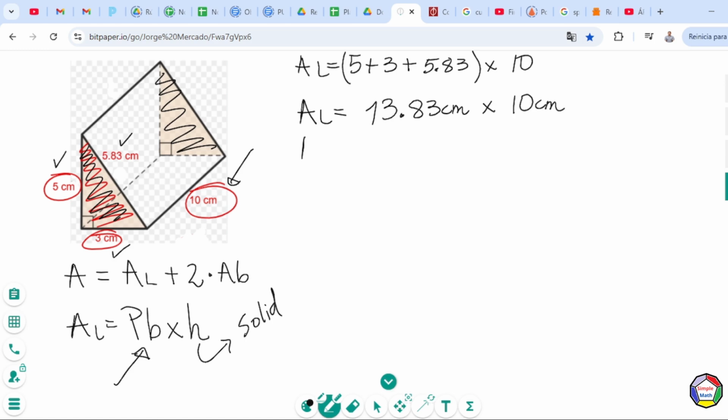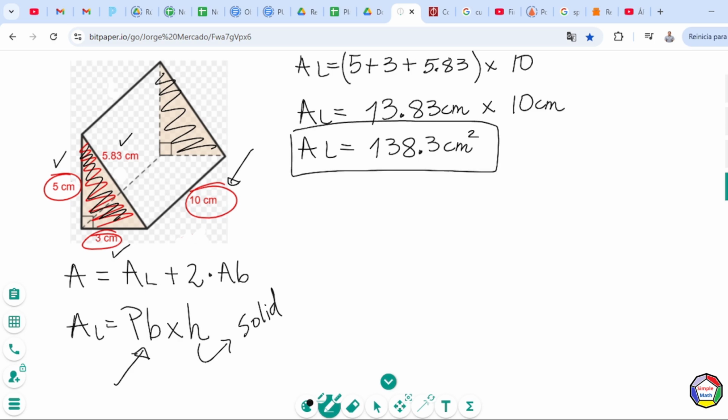That's going to be equal to 138.3 centimeters squared. That is the lateral area. So we have this part of the formula. What are we missing? The area of the base.